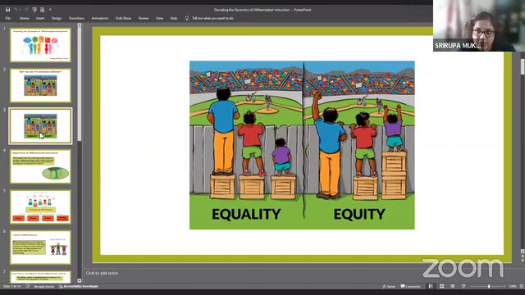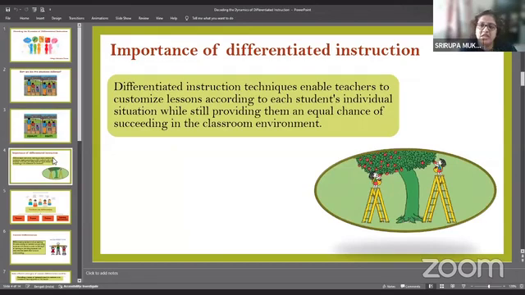And that we can think of as the learning outcome, which we set in our classrooms. At the end of the day, I think every educator wants each and every learner in the class to be able to reach those learning outcomes. So that brings us to the importance of differentiated instruction.